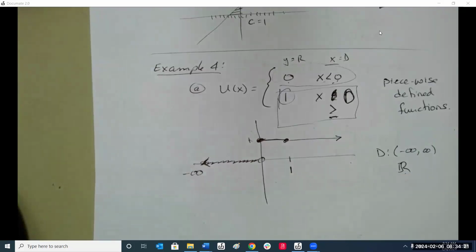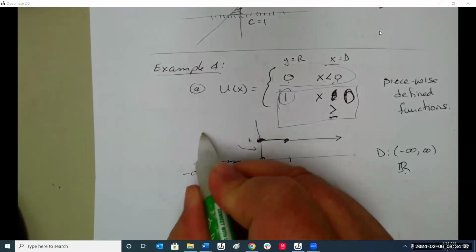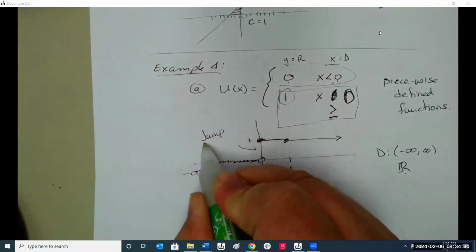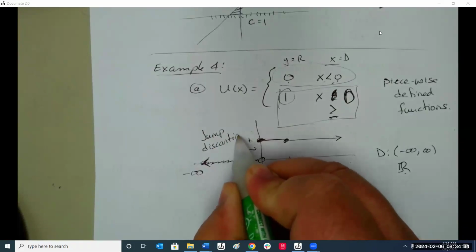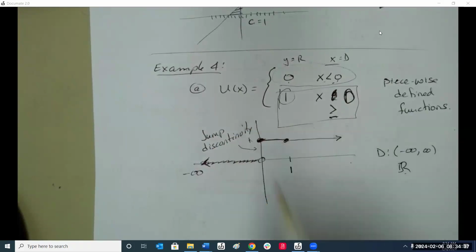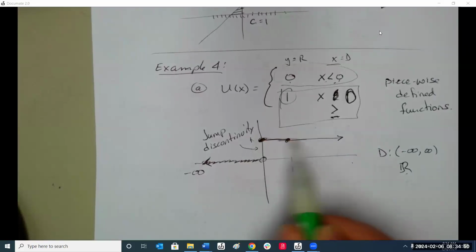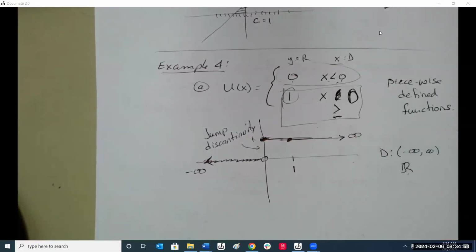And it sounds continuous to me, but what happens at 0? This is what is called a jump discontinuity. I have all these points here, but at this one, I have to jump up, and it goes on forever to positive infinity.